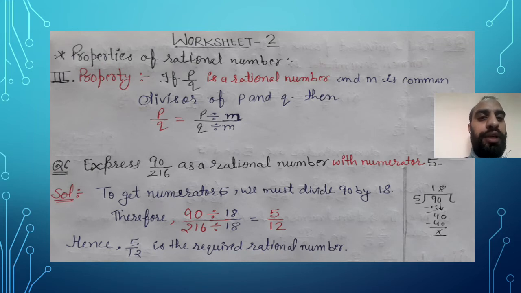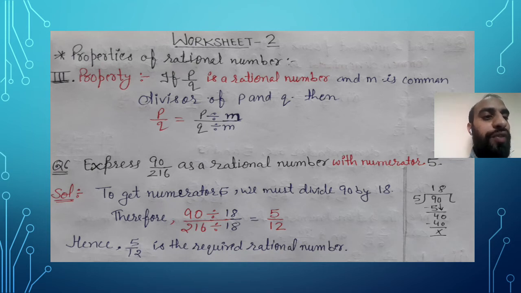Question number 6: express 90 upon 216 as a rational number with numerator 5. My dear student, your first task is to check what the question is. The question is 90 upon 216 and we want to change it into numerator 5. You can see 90 is greater, 5 is less.